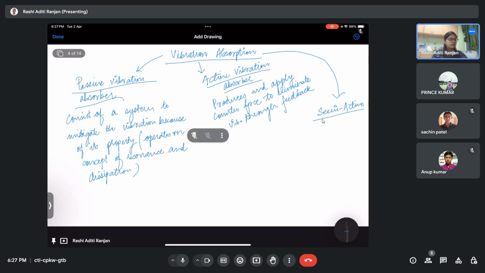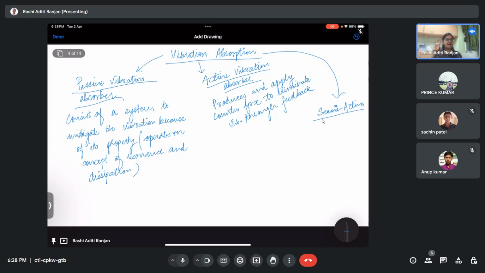For a semi-active case, what would happen is that, see, in case of the active vibration absorber, I was taking the value from a sensor and the system was producing a force to counterbalance the vibration. In case of semi-active, I use a feedback loop, but with that, I change the property of the system.